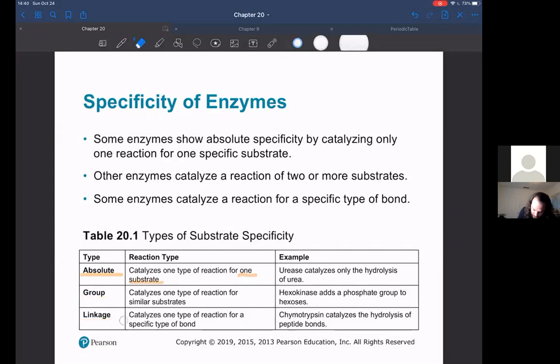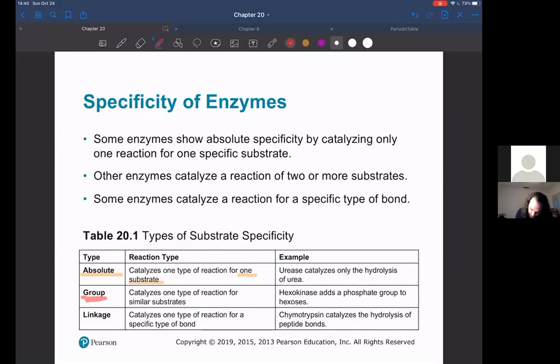Let me actually use my color coding here. A group specificity is an enzyme that catalyzes one type of reaction for similar substrates. For example, if there was an enzyme that broke apart multiple disaccharides into their monosaccharide components, regardless of the identity of that disaccharide, that would have a group specificity.